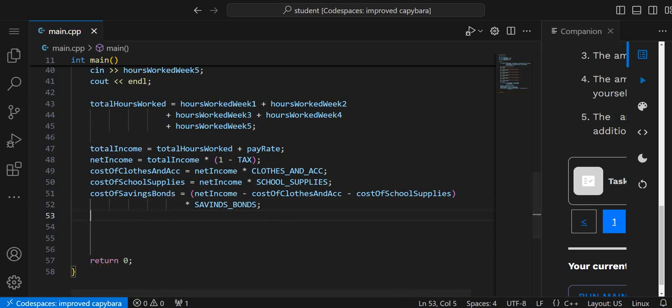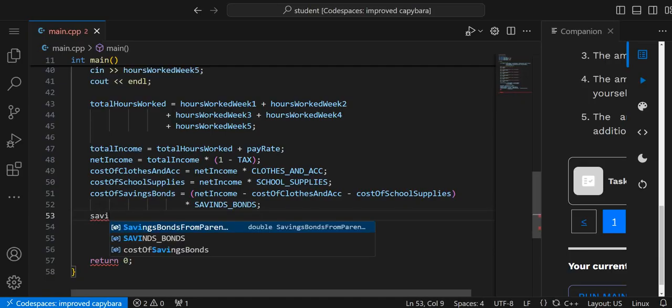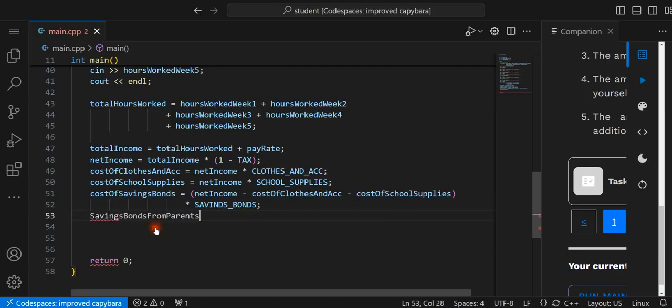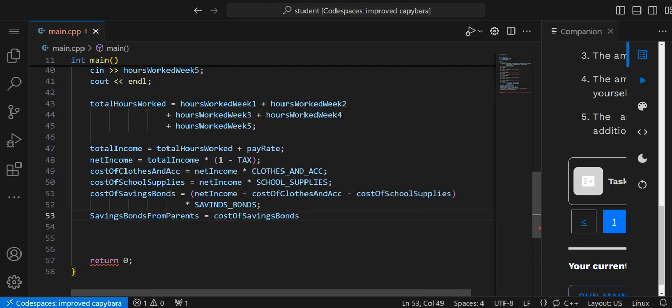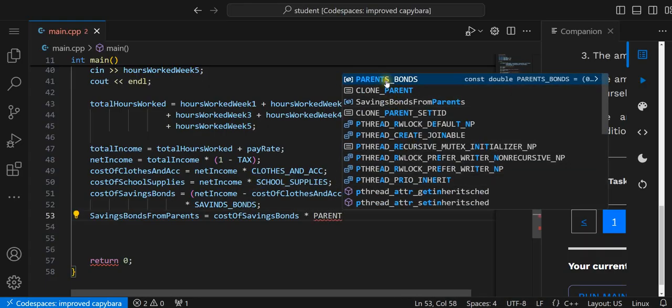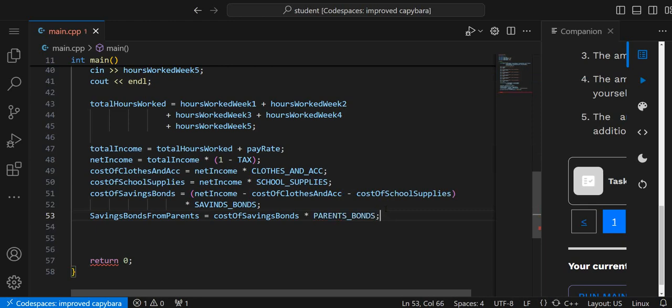Next, we're going to do savings bonds from parents equals cost of savings bonds times parents bonds. Colon.